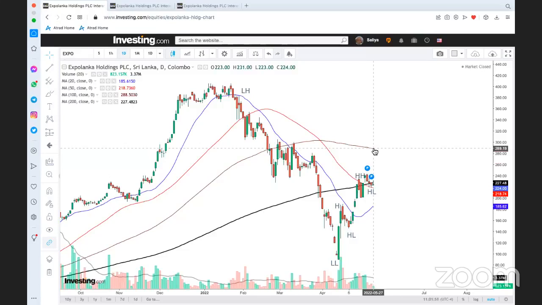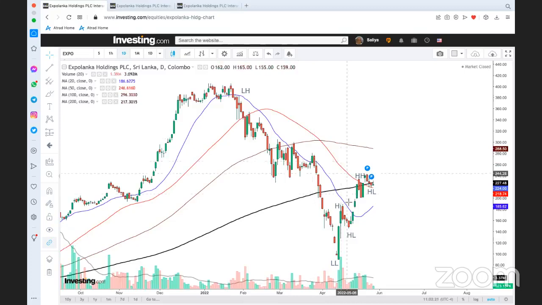But as far as the uptrend is concerned, we have to respect in the daily chart that Expo Lanka is in an uptrend, right? But of course, if you take from this figure downwards, we are here at a lower high price compared to the prices over here, right?